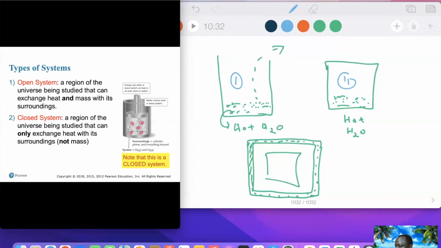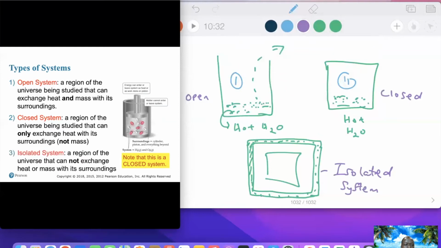So here is open. I'll call this open, this closed system, and this is the isolated system. So there are three systems.